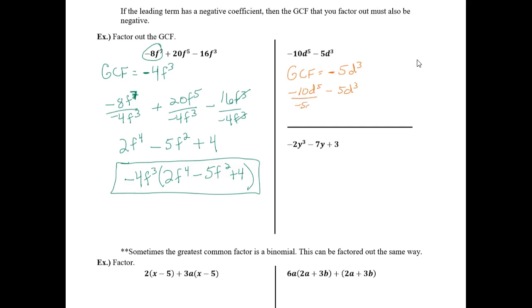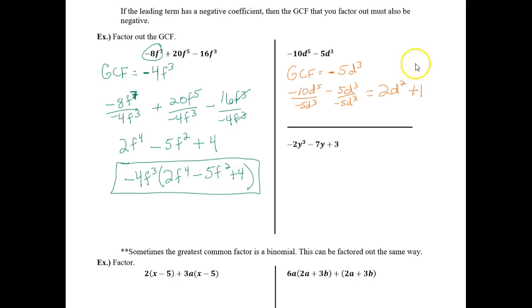I divide that out of each term, divide by my GCF, divide by my GCF. Remember, we're undoing multiplication with that division. That gives me negative 10 divided by negative 5 is positive 2. D to the 5th divided by d cubed is d squared, 5 minus 3. A negative 5 divided by negative 5 is positive 1.